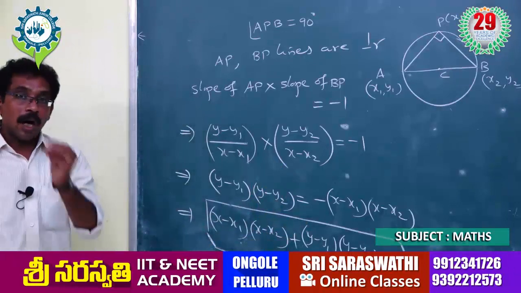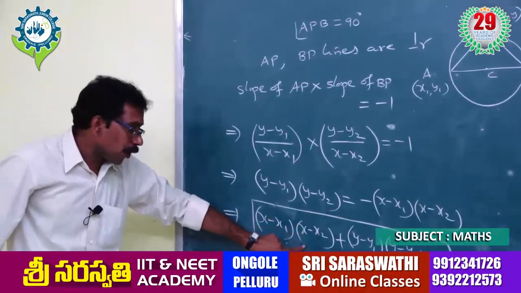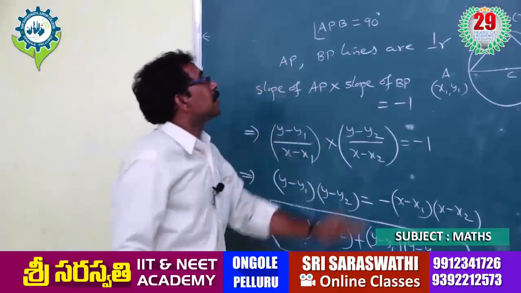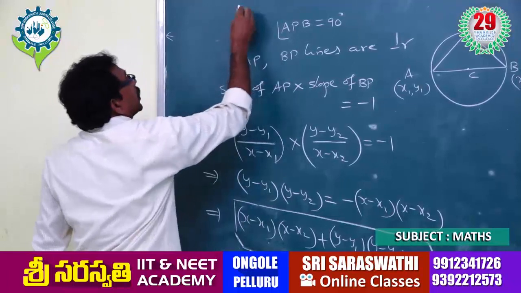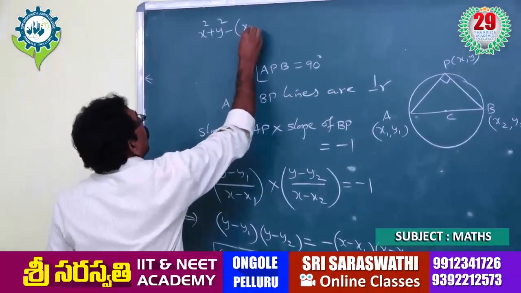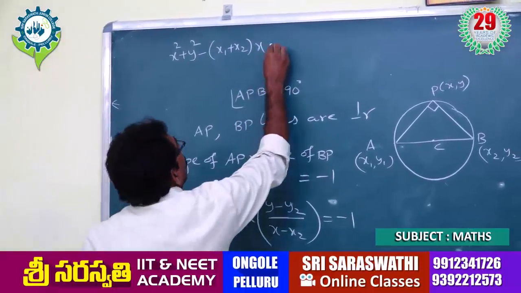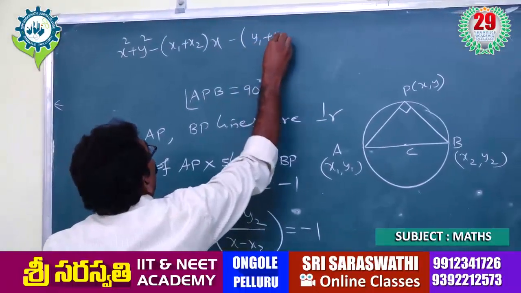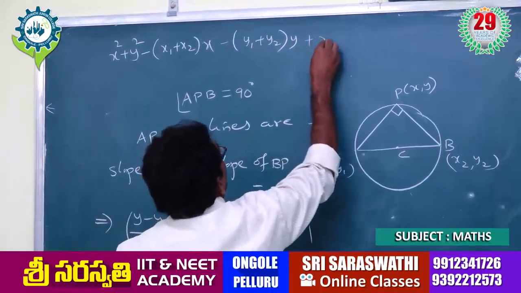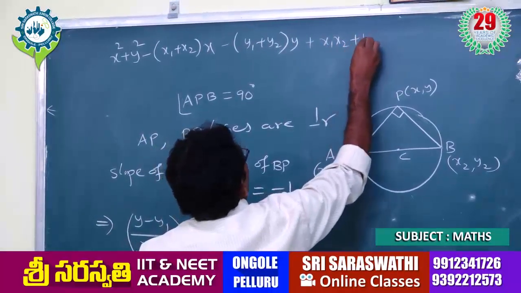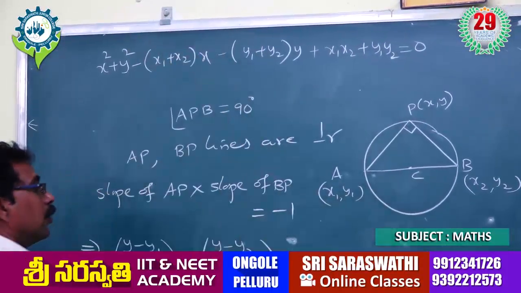For objective questions, we can simplify this formula as x square plus y square minus of x1 plus x2 into x minus of y1 plus y2 into y plus x1 x2 plus y1 y2 is equal to 0.